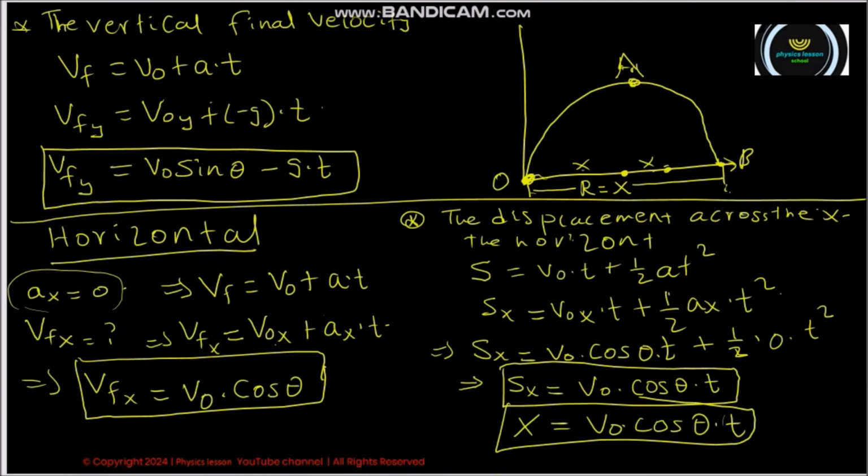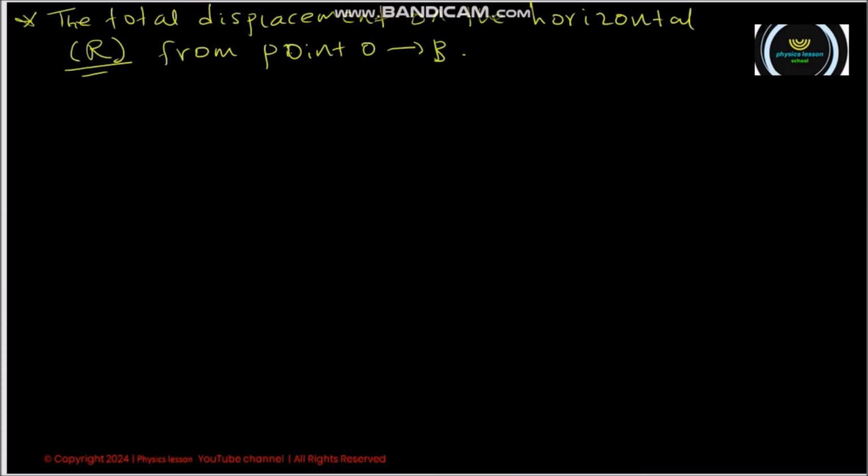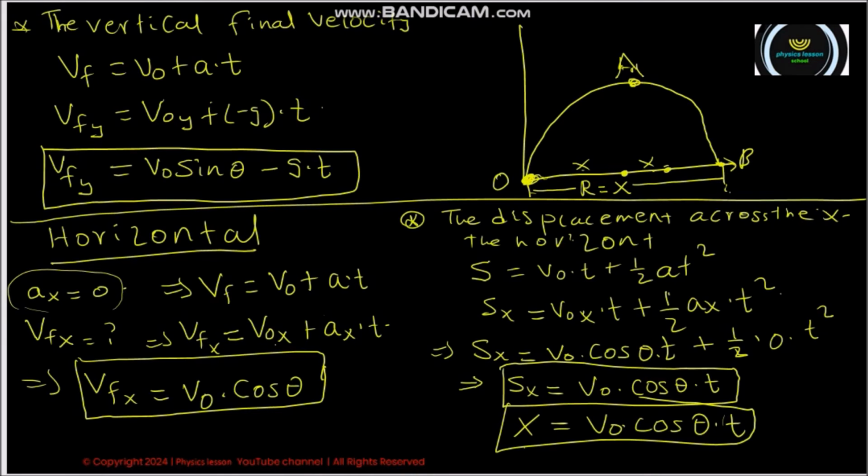So we already calculated that x, the horizontal distance, will be v naught times cos theta times t. But in our case, from point O to B, we have the total what? We use the total time of flight, T_OB, in this component.